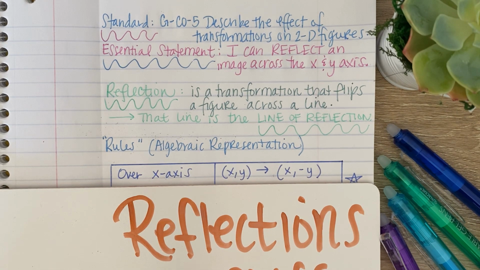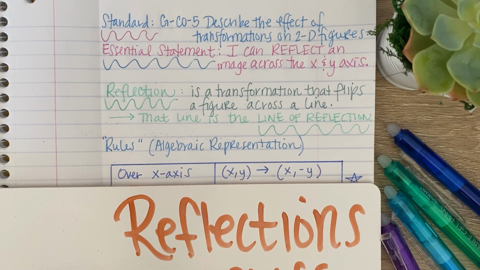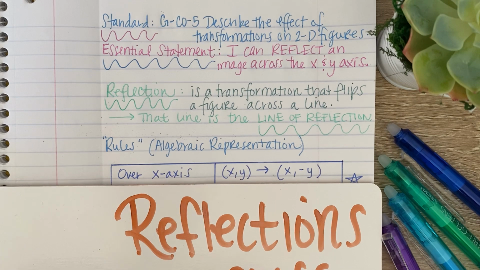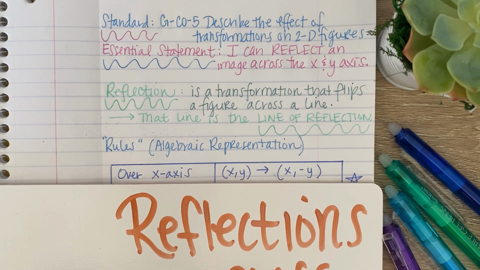The x stays the same, but the y changes signs. The negative y does not mean make your number negative, and if it's already negative, let's just keep it. No, that's not what that means. That means you change the sign to the opposite sign. So if your number is positive, you make it negative, but if it's negative, you make it positive.